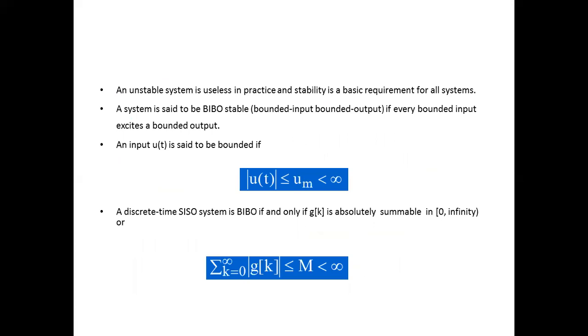A bounded input means the input you are applying is absolutely summable. Suppose u(t) is the input, then the mod of u(t) is less than infinity. That means it has a finite value. Suppose you consider an exponentially decaying function.